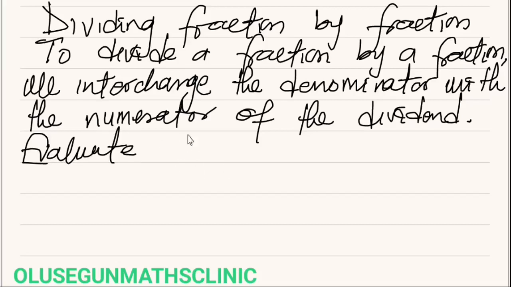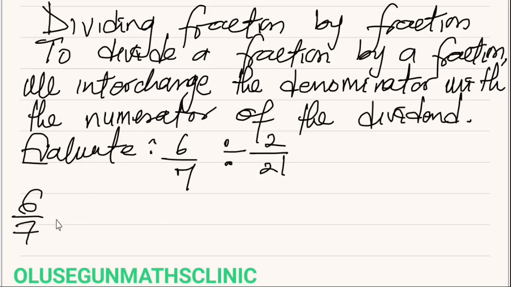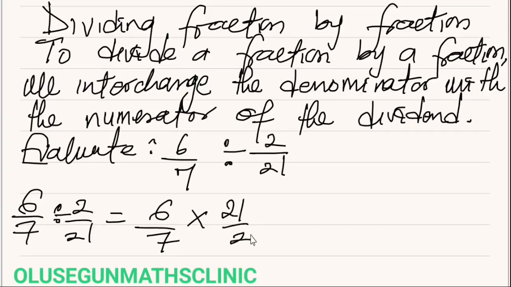Evaluate 6 over 7 divided by 2 over 21. So what to do next is 6 over 7 divided by 2 over 21 will be 6 over 7 times 21 over 2.